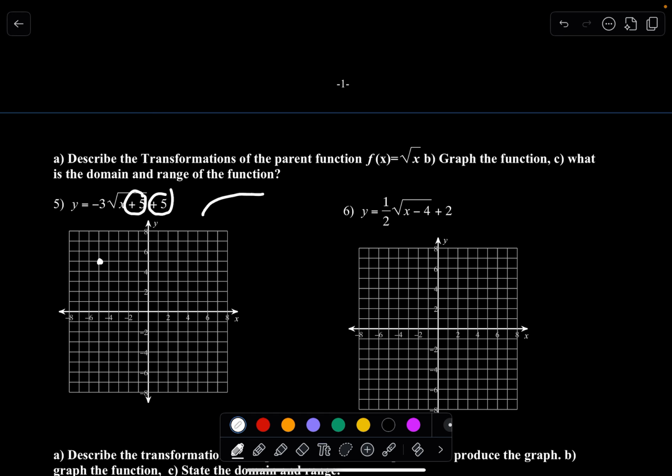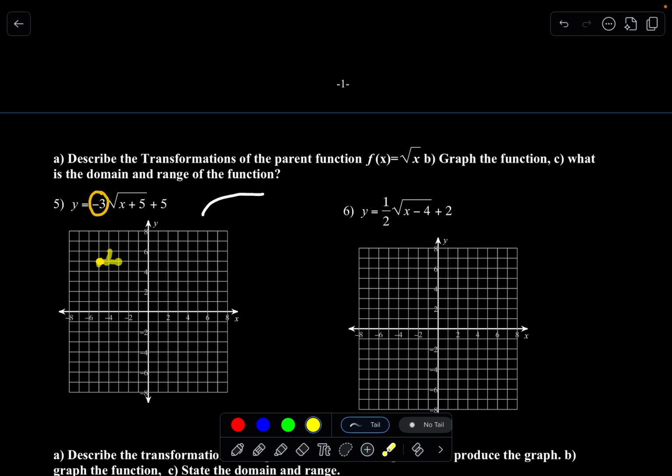Now, the trick was to find the starting point. So it's right there. Now, the negative sign means instead of going up, we're going to go down. So before, the pattern would be, if it was just a regular square root, we go over 1, square root of 1 is 1, and we go up 1.